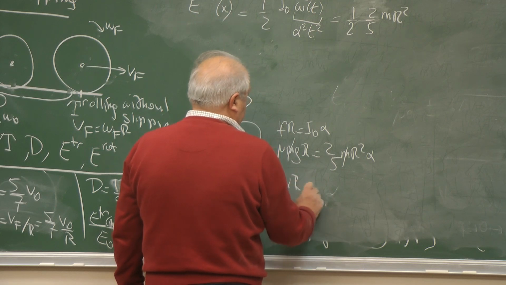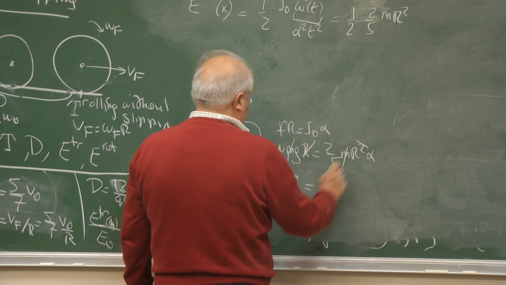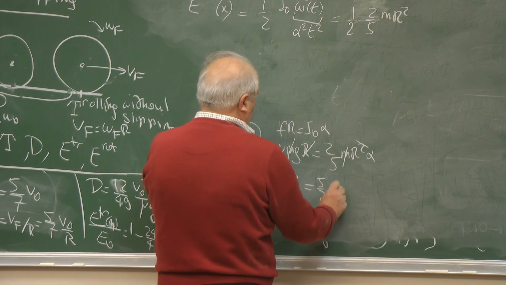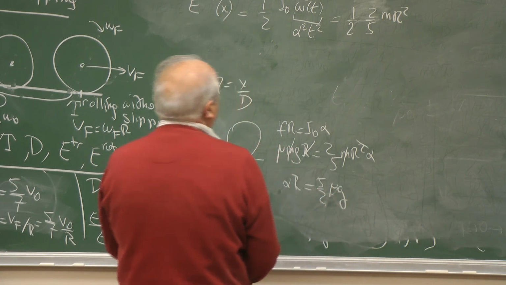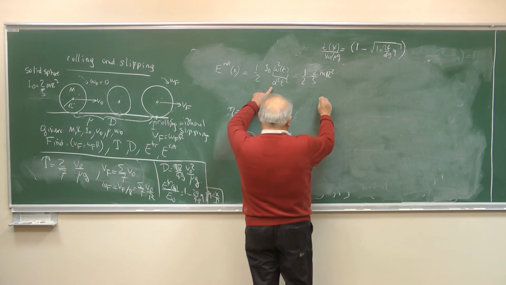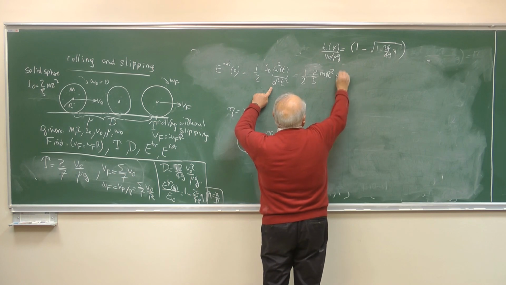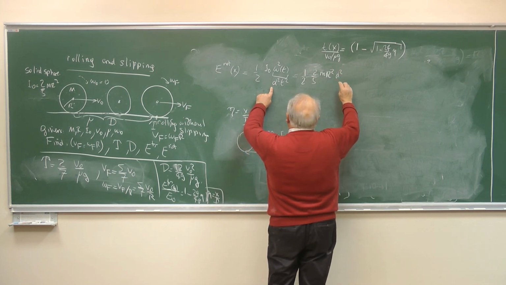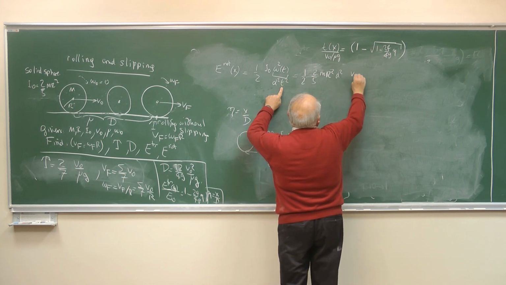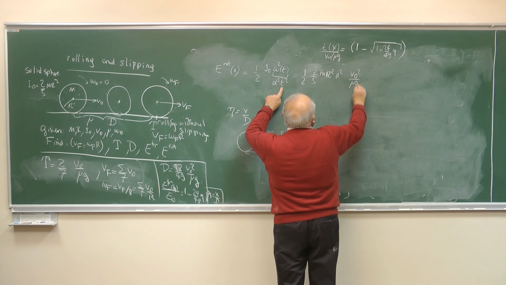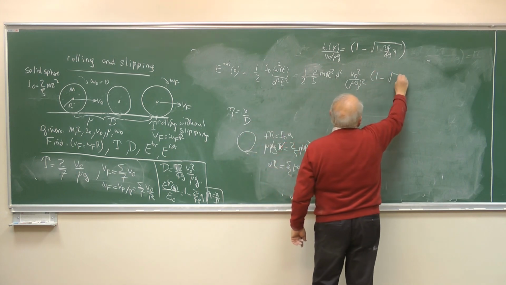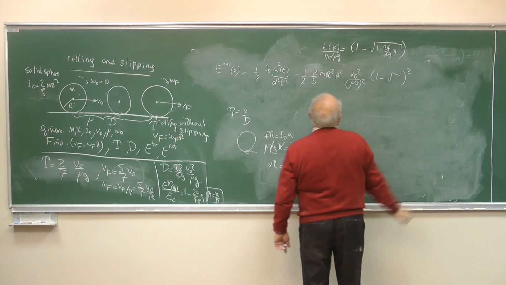Alpha r is equal to 5 over 2 mu g. Then m r squared alpha squared times t squared is that squared, so v0 squared over mu g squared times 1 minus root, this thing squared.